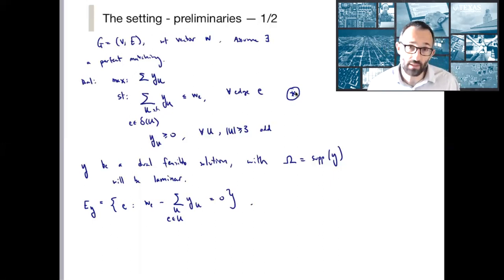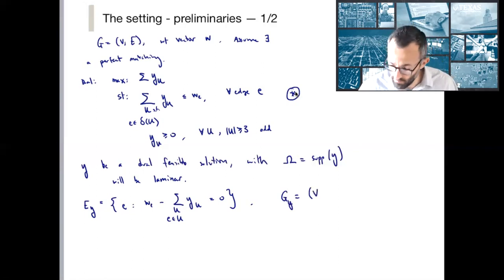And therefore, accordingly, I'm going to let G_y be the graph that has the same vertices, V, but only has these edges. So as we've now mentioned many times, if we find a maximum, a perfect matching in G_y, we are guaranteed by duality theory, namely complementary slackness guarantees this, that the matching is also an optimal solution to the primal.